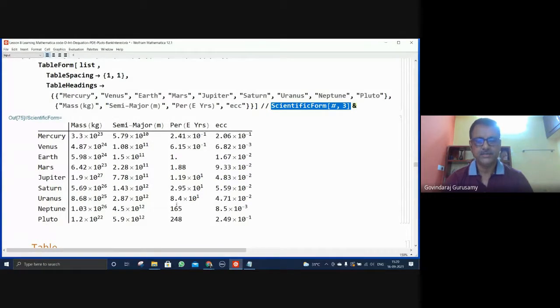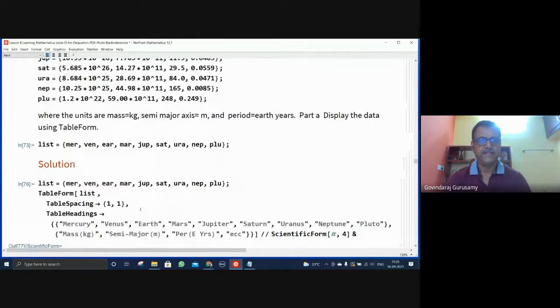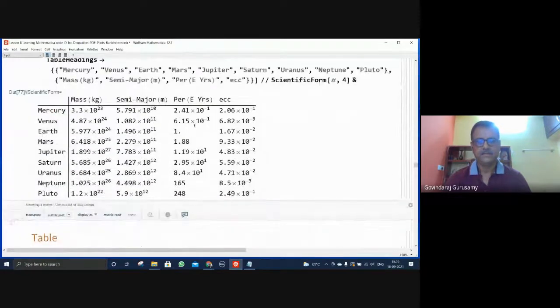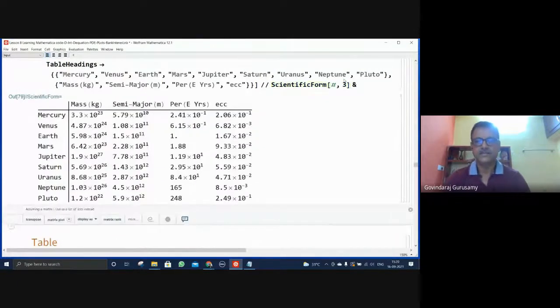Suppose we do the same thing with 4 digits, that's also shown here. So this is what the solution has. Here it is enough to have 3 digits to give the data. This option again, scientific form of this.